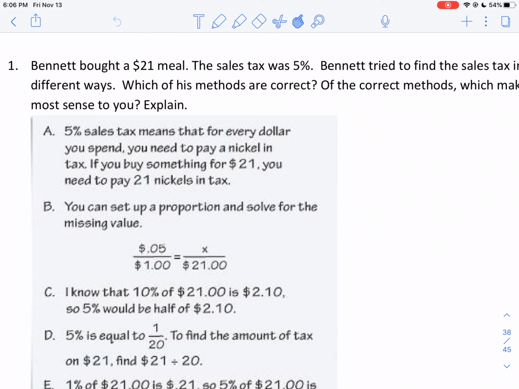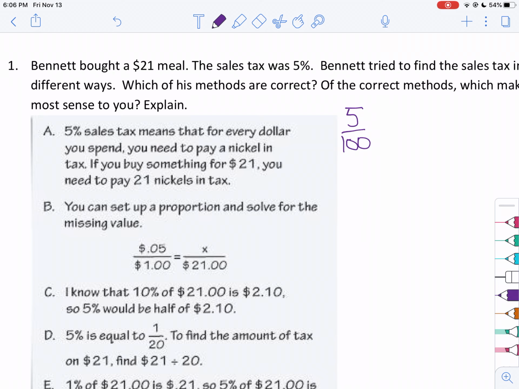So 5%, and remember percent means per 100, so 5 out of 100 would be 5%. And so they're saying for every dollar you would need to pay 1 nickel, so you'd need to pay 5 cents.